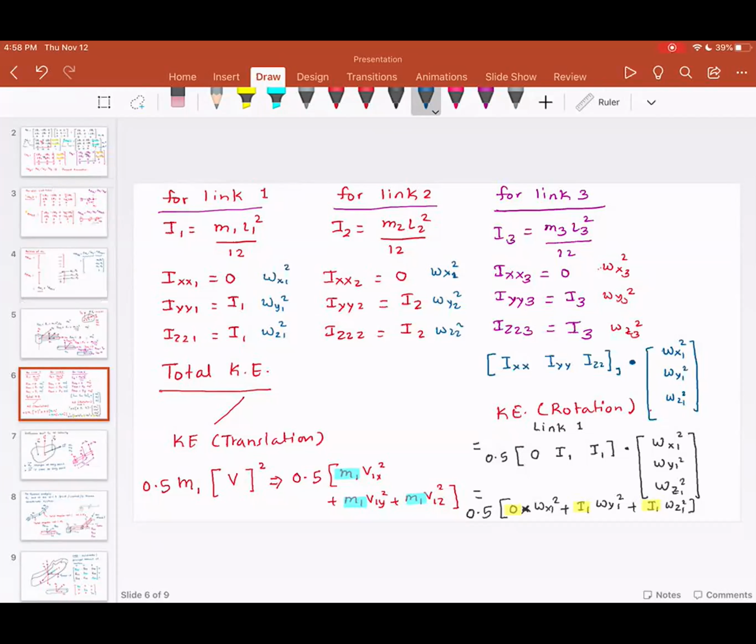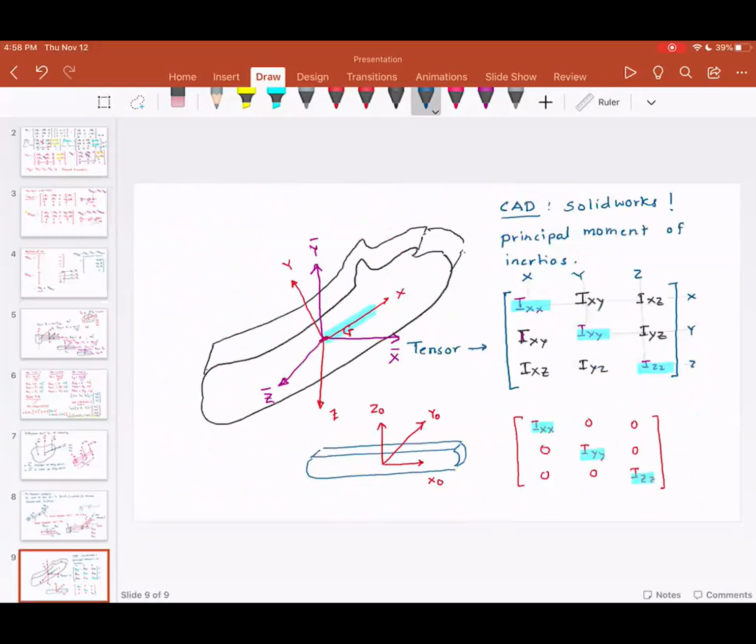Last but not least, and I need to clarify this, when you are trying to find the potential energy, you should always find the potential energy in the direction gravity is acting.